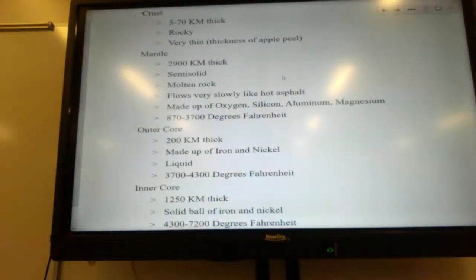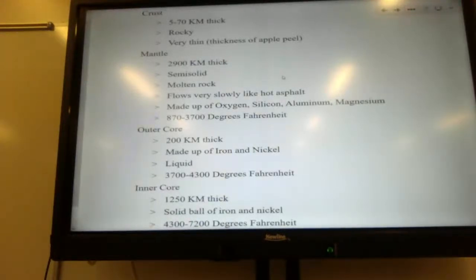So I'll put them in order: crust, mantle, outer core, and inner core. Anybody have any questions? No? Okay, so your homework is to finish this. If you don't do it, finish it in class.